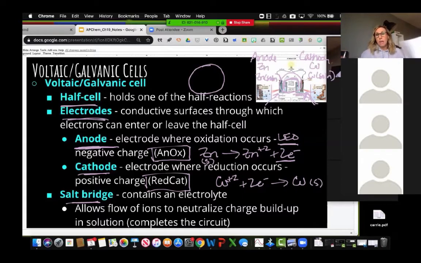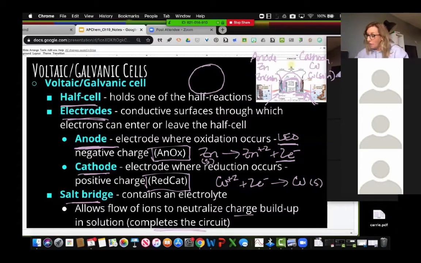It can be as simple as soaking a piece of cotton string in a salt solution and laying that over the beaker. So it doesn't have to be a real complex thing. It just has to be something that has some kind of conductive substance. So a salt solution is the best thing to use for that, so that those electrons can then transfer through. So it neutralizes the charge buildup, and then, like we said, the most important thing is it completes the circuit.